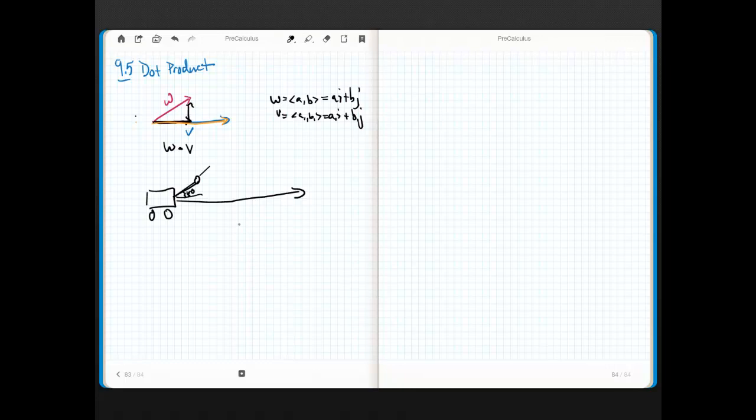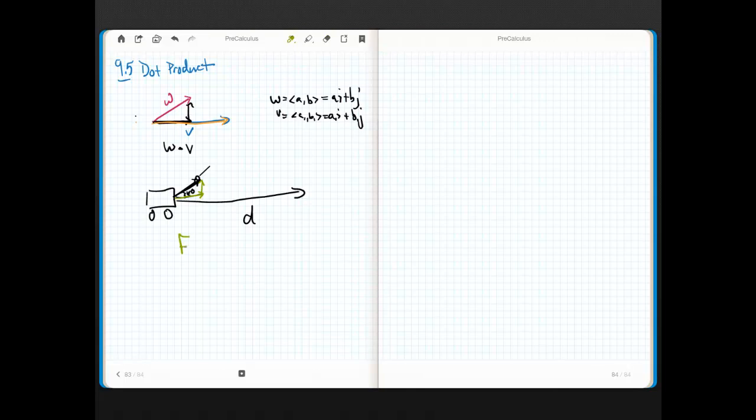What you end up with is a distance vector, and a force vector that you're exerting on the handle of the wagon. That force vector can be written as the sum of the horizontal component and the vertical component. The vertical component does nothing to add to the work done. That's the force that is lifting the wagon up, but it's not dragging the wagon forward at all.